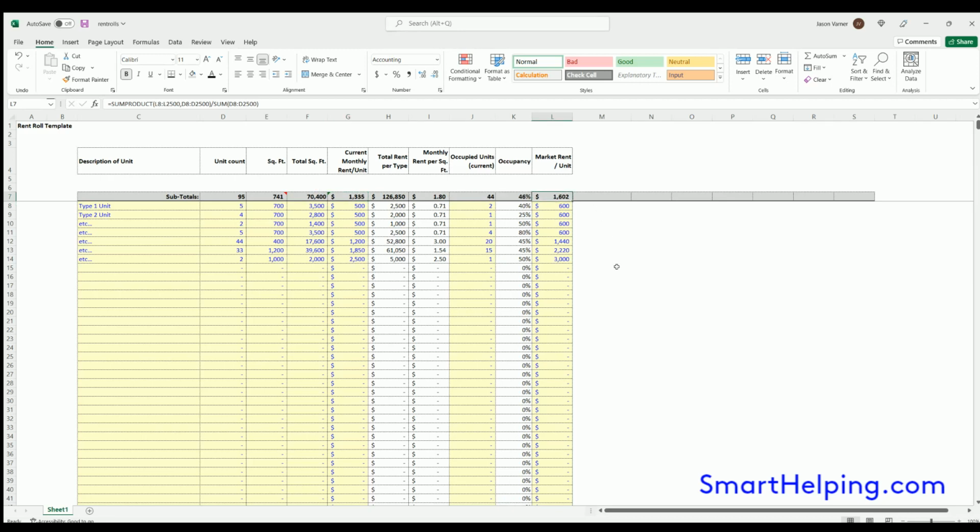Market is 1602. And then we can also do market rent per square feet. Now, market rent per square feet, we say, is the total rent divided by the square foot of each of these.